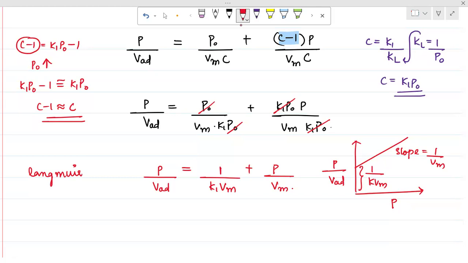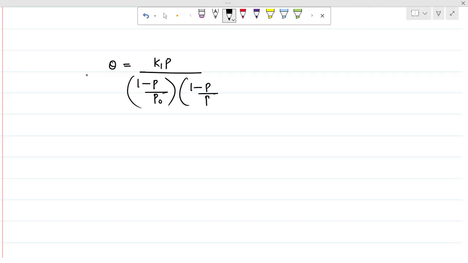Questions. Okay. So what have we discussed? I'm just summarizing whatever we have learned. So that equation, there are two forms. One is K1P divided by (1 minus P by P naught) into (1 minus P by P naught plus K1P). This is the first thing that we learn.